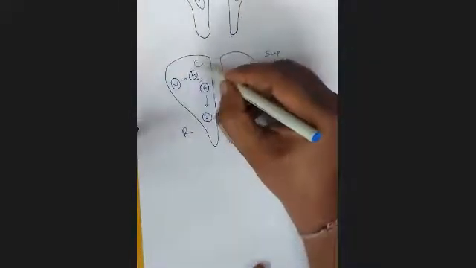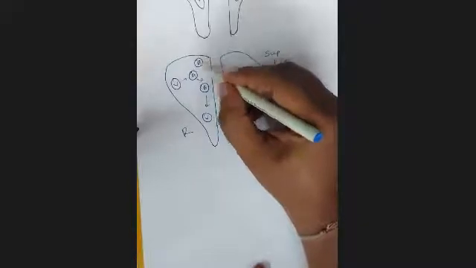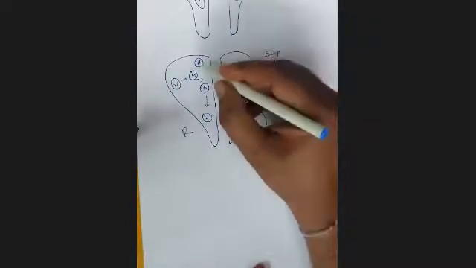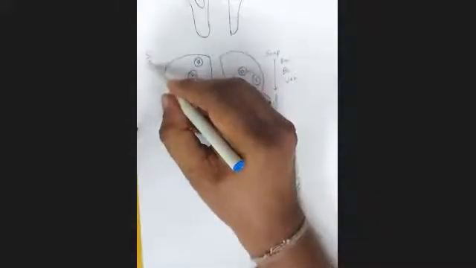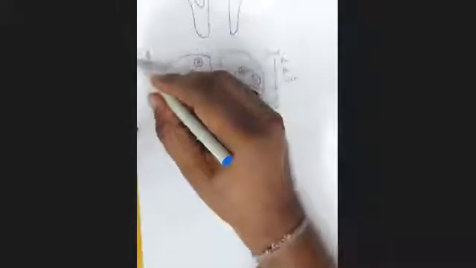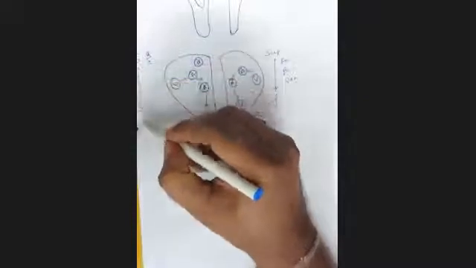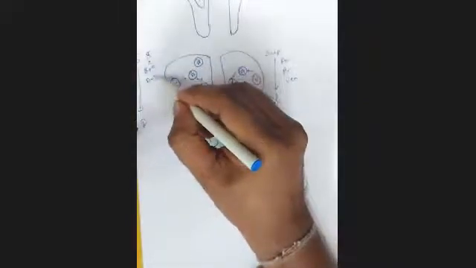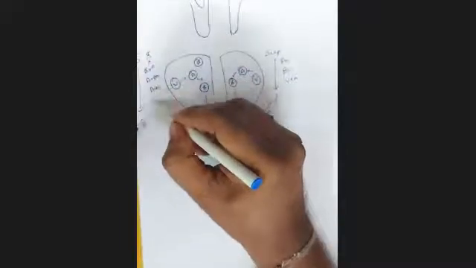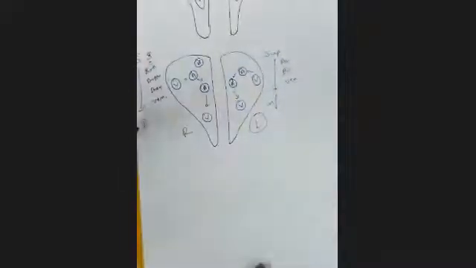There is an eparterial and a hyparterial bronchus. On the right side, there are two bronchi, eparterial and hyparterial. So on the right side, superior to inferior, the relation is bronchus, artery, bronchus, vein.